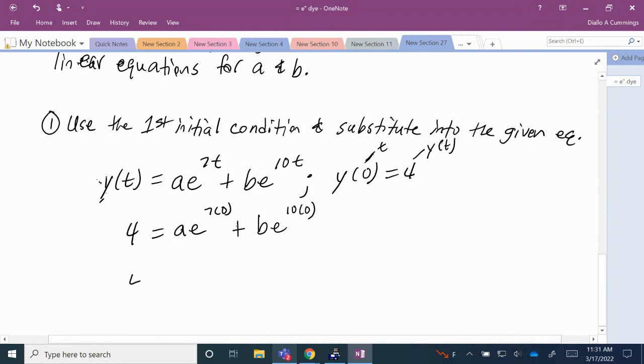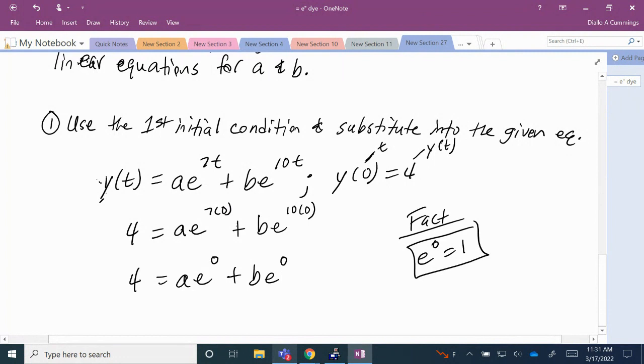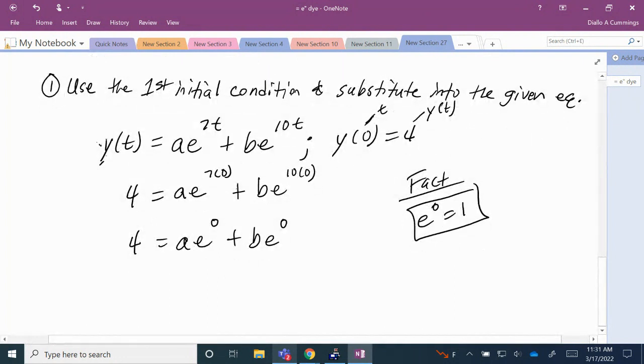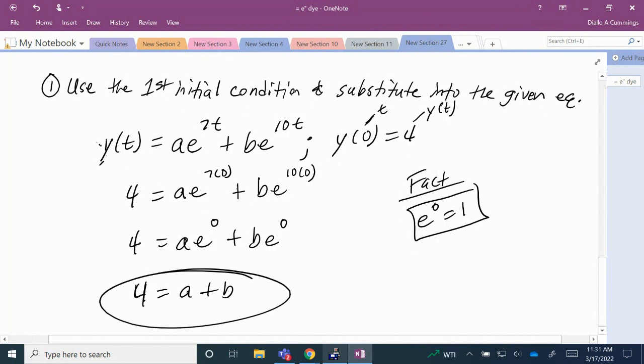If I simplify my exponents, we have 4 is equal to a times e to the 0 plus b times e to the 0. Keep in mind that e to the 0 is equal to 1. The zero exponent rule says anything raised to the 0 power is 1. So we have the equation 4 is equal to a plus b. I'm going to circle that.